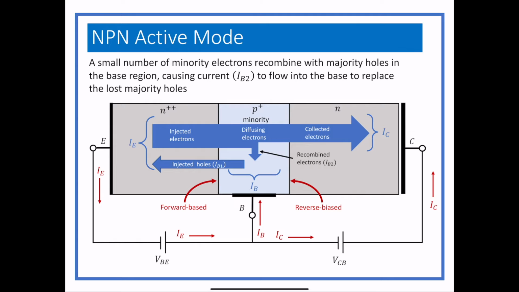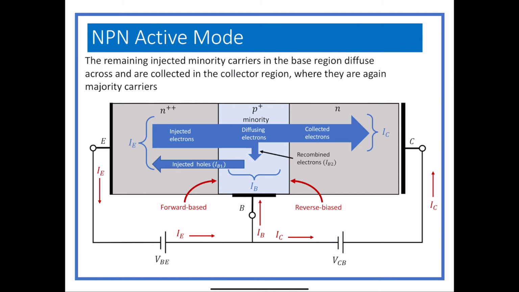So some current will flow into the base to replace those holes because there's holes being lost. The base current flowing in, part of that, not all of it, but part of it, which is labeled IB2, is to replace the holes. Then the rest of the electrons that manage to not recombine with anything just skate on through, they get pushed on through to the collector region and they become majority carriers again.